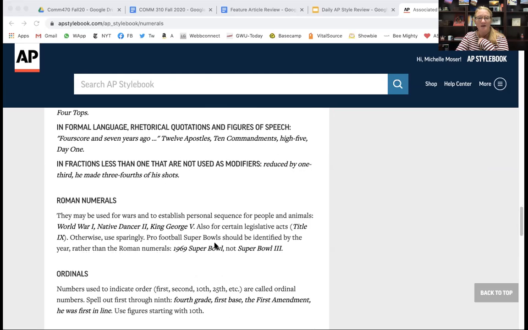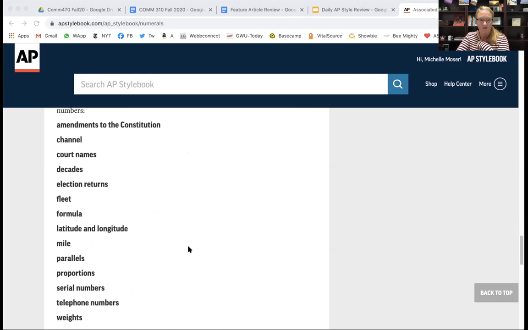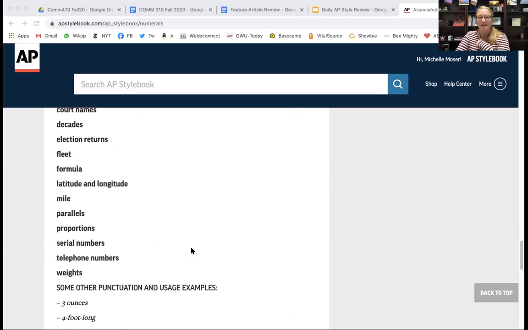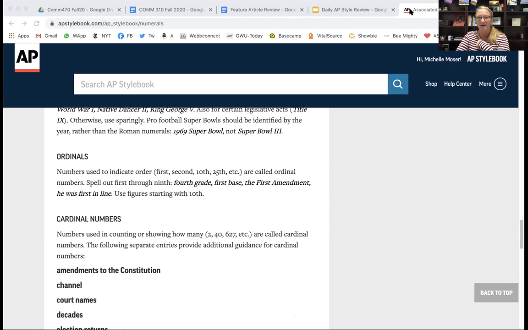They're referred to by their years rather than the Roman numerals, because how many people can tell me what year Super Bowl 13 was without doing some quick math right now? Probably not that many people, but you would be able to know when it was if you gave the year. So when in doubt, double check and you will be in good shape.